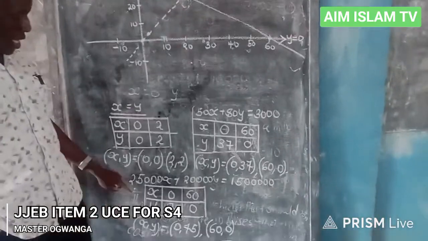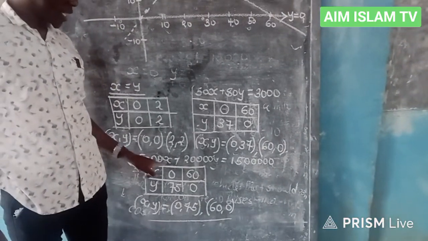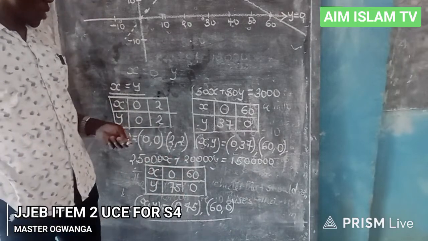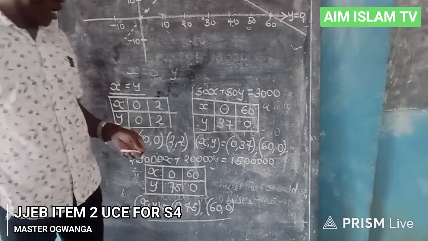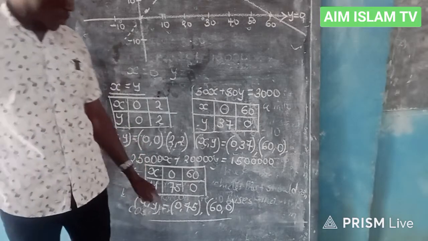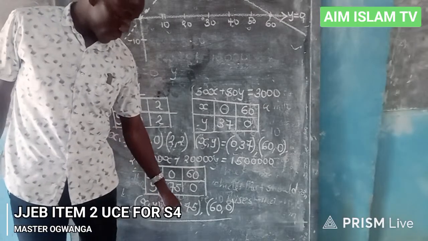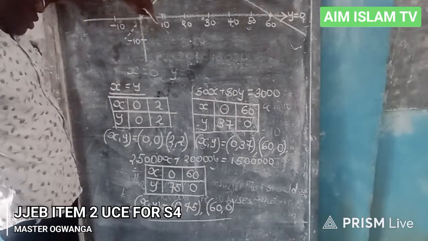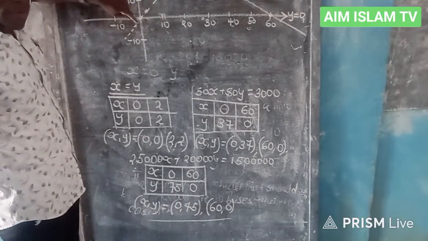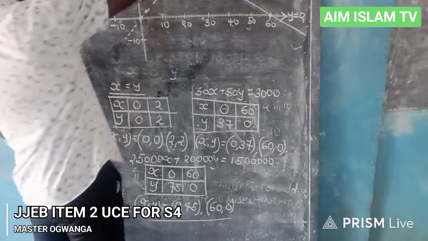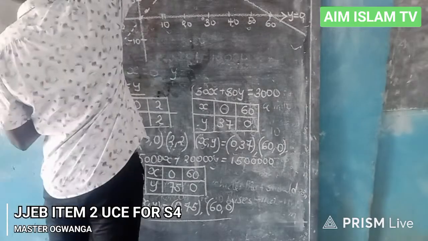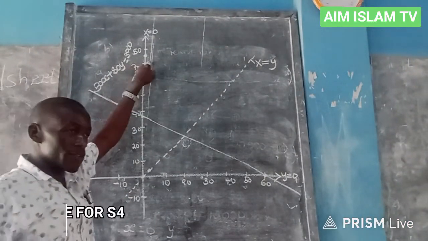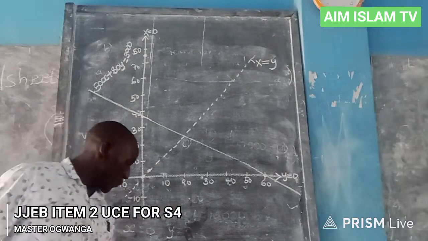Then lastly, we'll have the line that was represented by 25,000x plus 80y equals to 1,500,000. But for those lines, we got the coordinates to be 0, 75, and 60, 0. Meaning that at this point, 0 and 75 on y. You realize that 75 is between 70 and 80. That is a difference of 5 small boxes from 70.